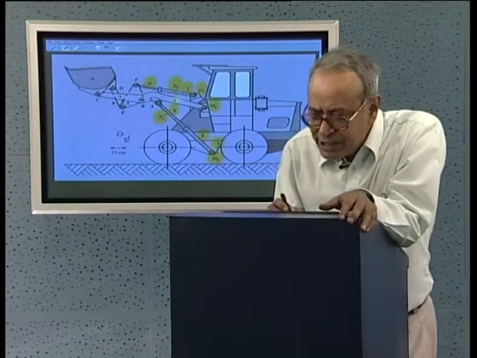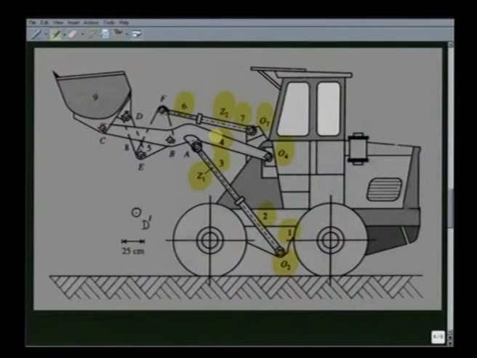Here, if we consider link number 4, it is connected to 4 different links, namely link 1 at O4, link 3 at A, link 5 at B and link 9 at C. So, link 4, which has 4 revolute pairs, becomes a quaternary link, and link 5 is a ternary link connected to link 8, link 4 and link 6, and link 9 is the front end of the loader, that is the bin.